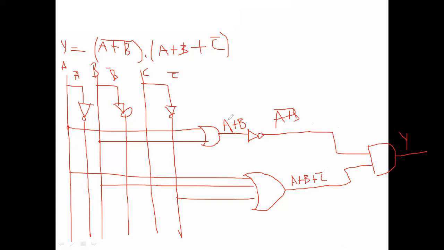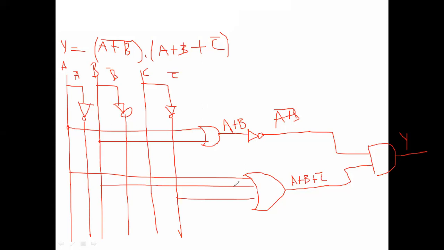Do you understand how to draw the circuit for any expression? If you learn the logic gates and truth tables, and what the expressions are for each logic gate, then it is very easy to draw any expression. Like this, for any number of variables, we draw the circuit by using the logic gates.